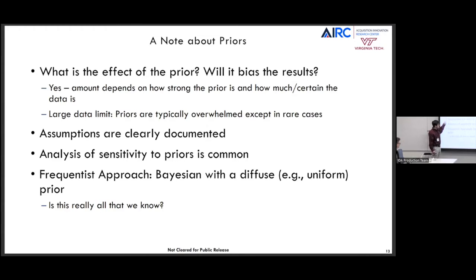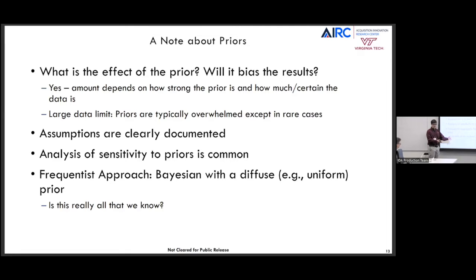It is maybe worth saying that typically, except in very weird circumstances, you will have a large data limit property where if you have enough measurements, the prior won't matter very much. Because the likelihood will overwhelm the prior and you'll converge to the value that matches the data well.